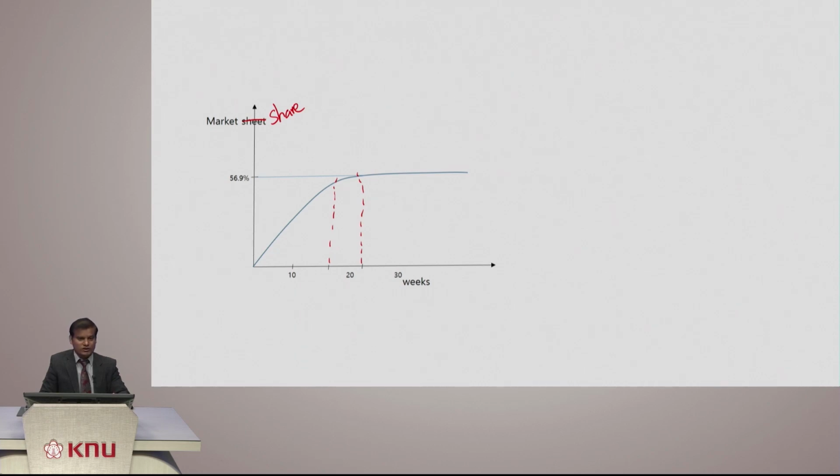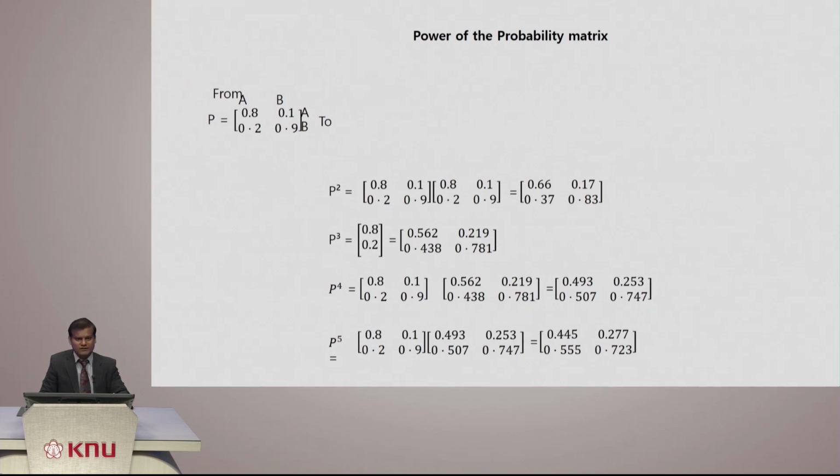Well, let's deal more with the power of a probability matrix. Suppose the probability matrix P is given to us. In this case, the P that we have here is 0.8, 0.2, 0.1, 0.9, and you can take the power of P times P. So P times P, as you can see here, reaches this value, and then again you can think about P times P times P. In other words, P power 2 times P gives you the new values for P power 3.